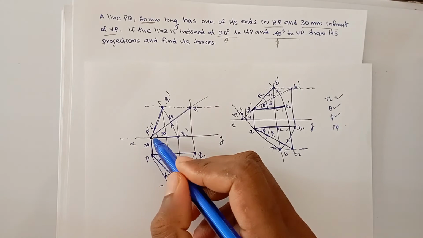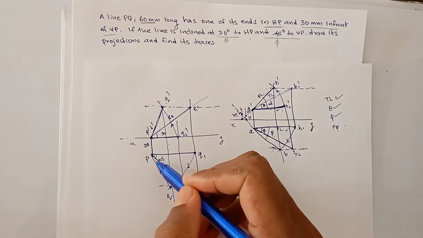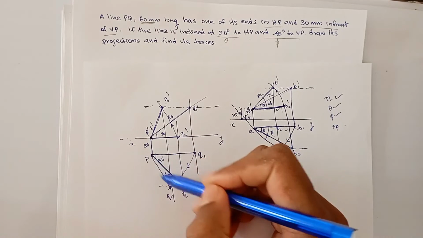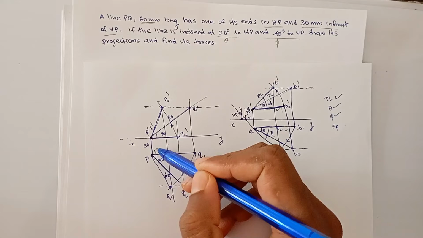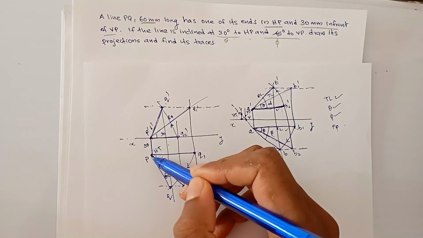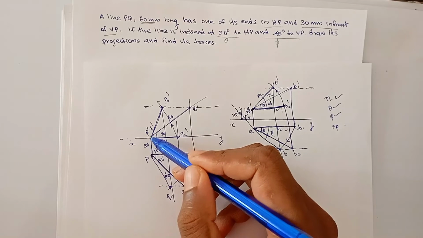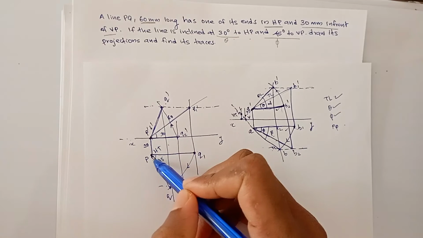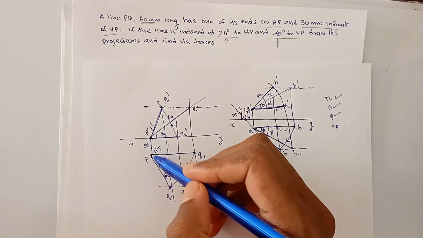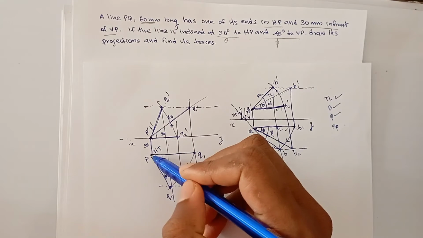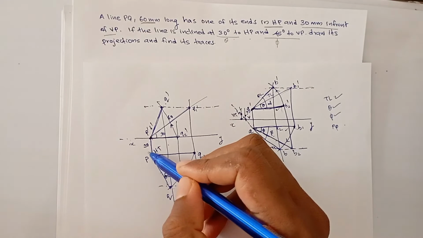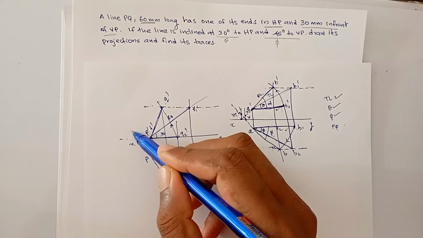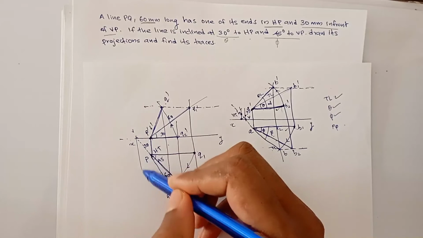If you drop the perpendicular from H dash and find the point where it meets the top view, this is the HT itself, because the top view P dash itself is H dash and P is HT. How do you find the point V and the vertical trace? Just extend this reduced length of the top view. This is V, and drop a perpendicular.